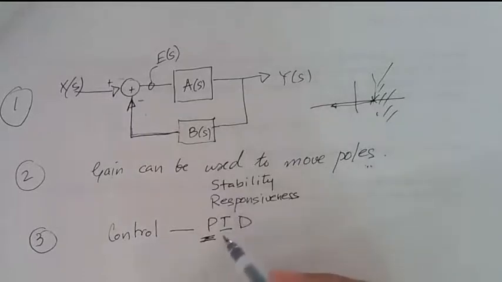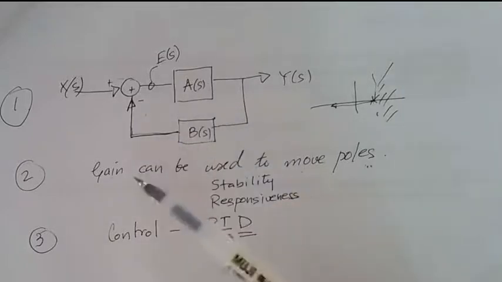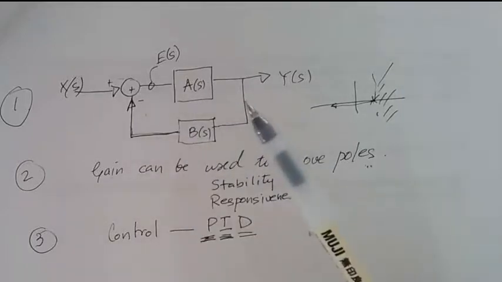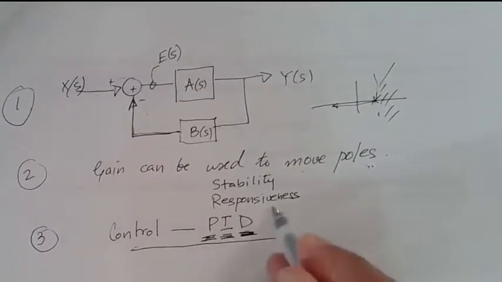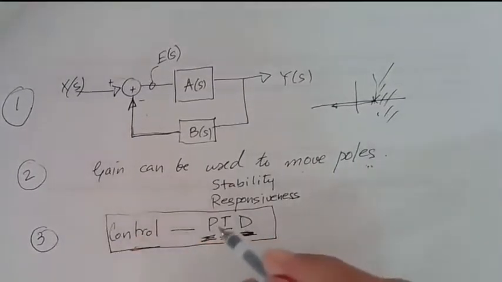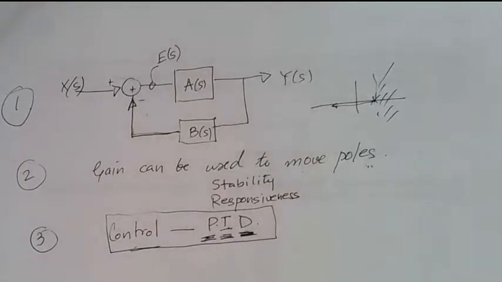The integral part of it will help you push the steady state error to zero at the cost of overshoot, possibly. And the derivative will help you anticipate what the error is going to be. We did a very simple example, so we really didn't show that. But that makes your system much more responsive, but at the same time, it can also set up oscillations. Okay, so I want you to at least know these terms and know these names.